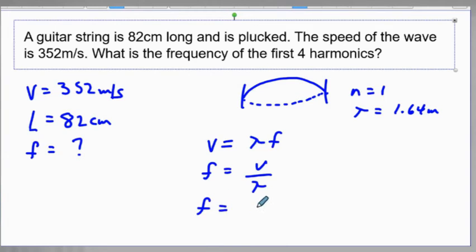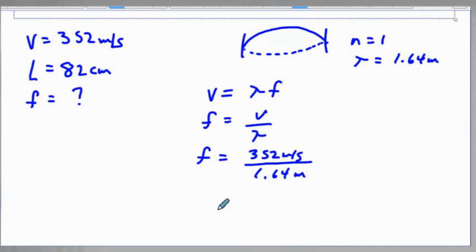Our fundamental frequency is going to be 352 meters per second over 1.64 meters. So our fundamental frequency, we're going to call it F1, that's our first one, is going to be 214.6 hertz. So that's our fundamental.